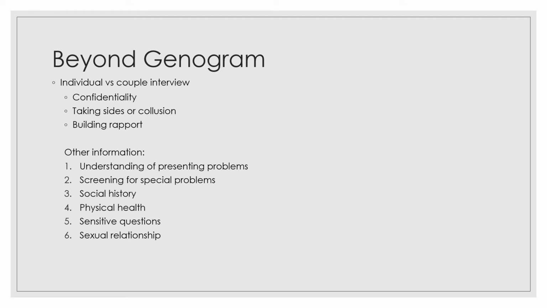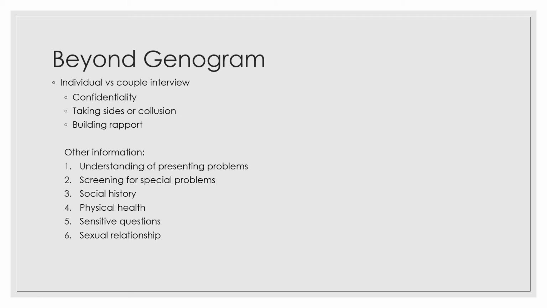Getting a social history, again, this can be done with your genogram, but really looking at health, history of communication patterns, family upbringing, relationships, systemic relationships outside of the marriage that they're coming in to try to work through.